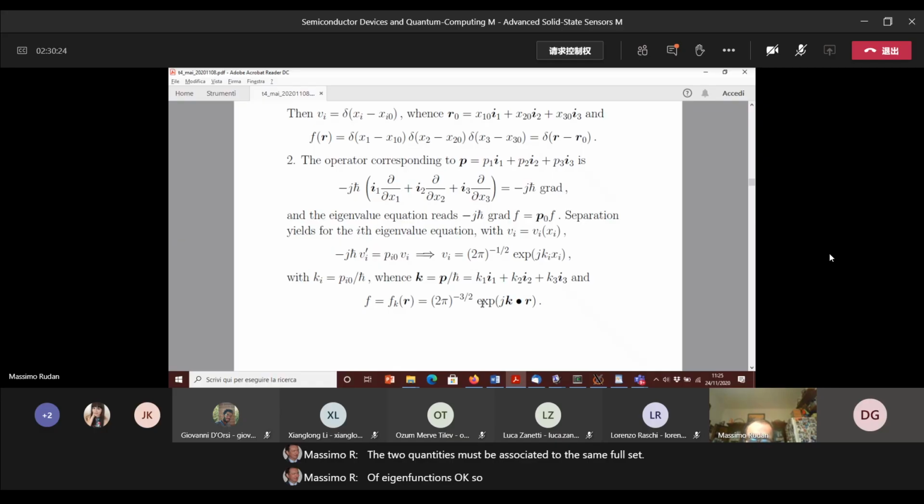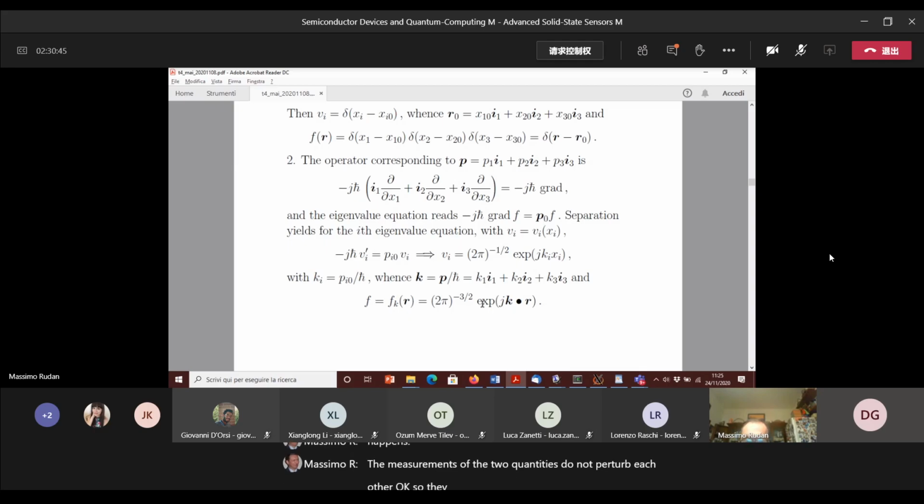So the two operators possess the same complete set of eigenfunctions. If that happens, the measurements of the two quantities do not perturb each other.